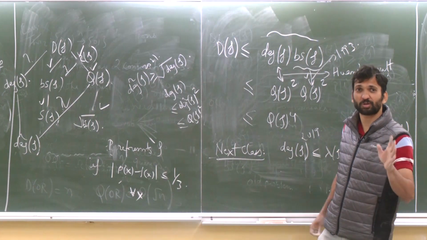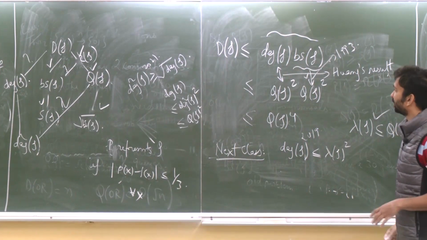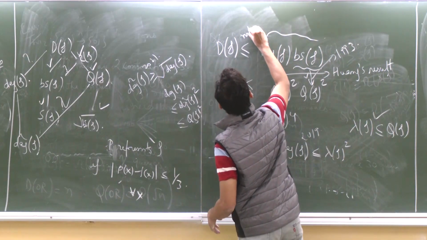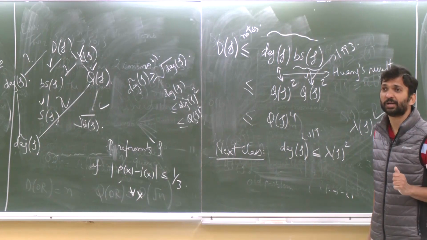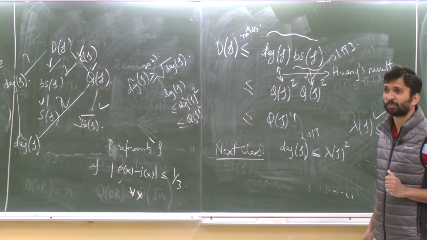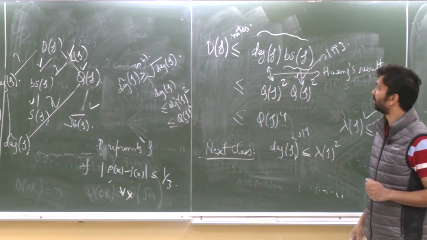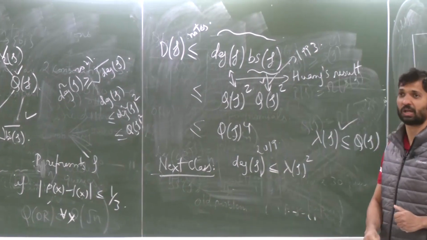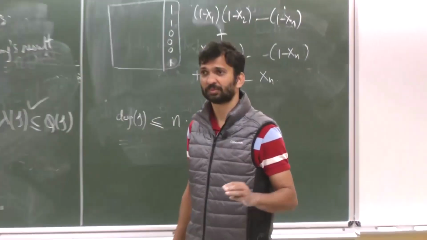This is also in the notes. I was planning to cover it, but already I'm out of time. So this is the outline, the main recent result we will cover in the next class. Cool?